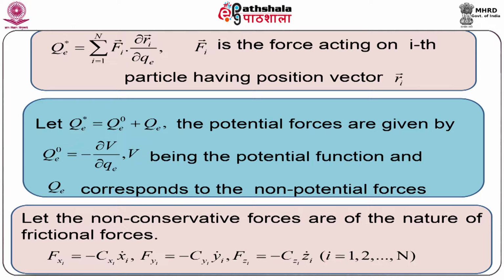So, if Fxi, Fyi, Fzi are the components of the force F vector along the x axis, y axis, z axis, then Fxi is equal to minus Cxi into xi dot. Xi dot is the velocity component along the x axis, which is the ordinary derivative of xi with respect to time t.